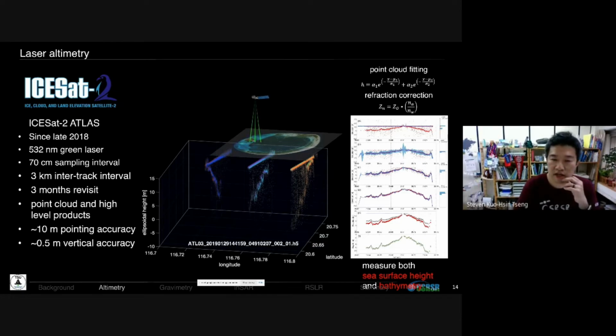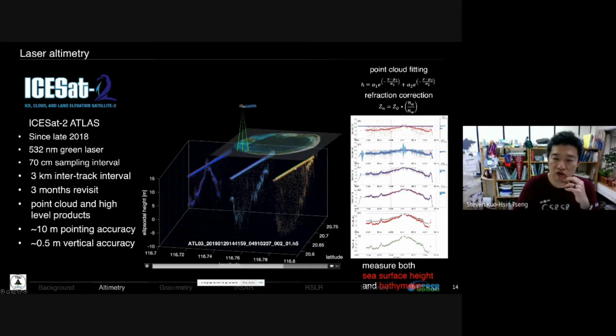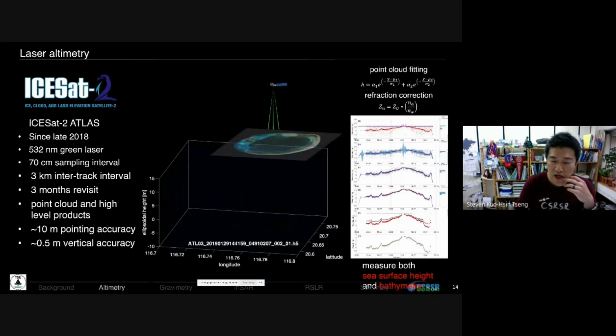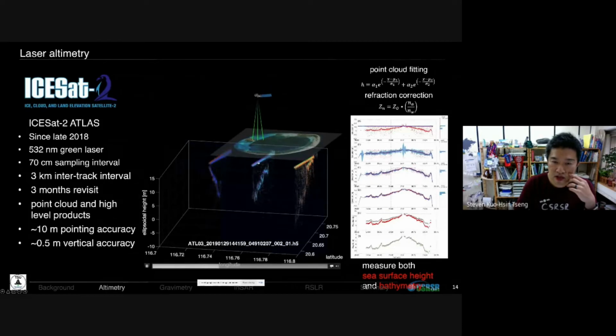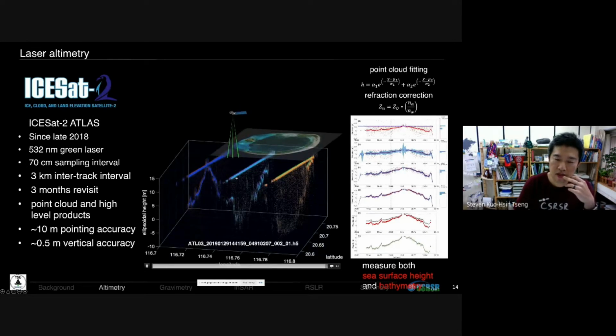But it's just a cartoon to show the laser altimeter flying over an island, this is Dongsha Island, southwest of Taiwan. Let me repeat this animation. And you can see these photons, these point clouds. We can measure the sea surface and also the sea bottom, so the bathymetry point clouds, 6 tracks simultaneously.